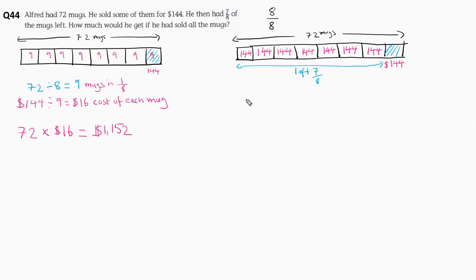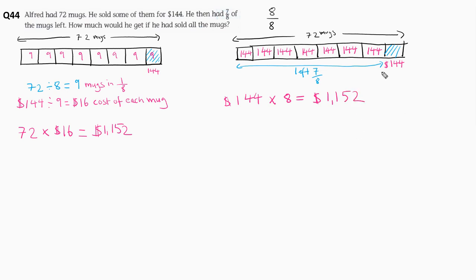And so we could just do 144. We could multiply that by 8. And this is dollars. And that is, of course, also going to give us an answer of 1,152.